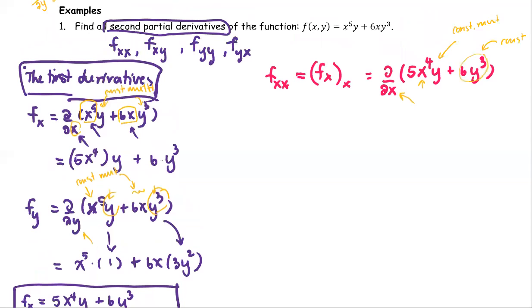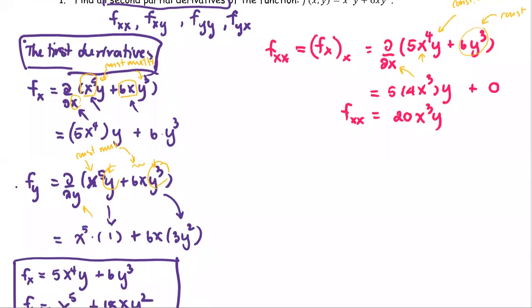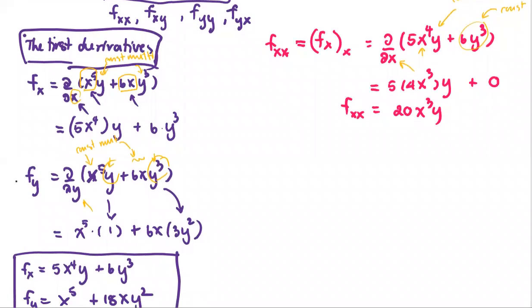So the second partial derivative with respect to x is 5 times 4x to the third times y plus 0, or 20x to the third times y, as the fxx. That's the first second partial derivative. Okay, so this is one of them.